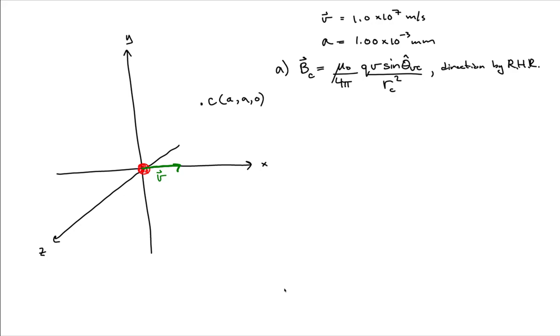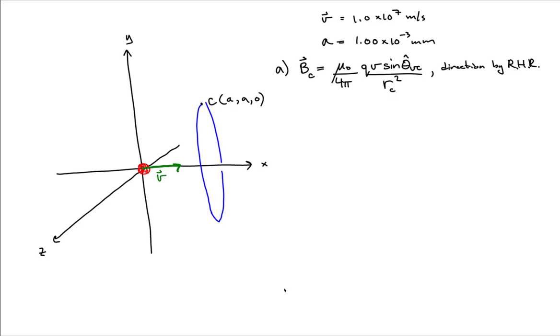You probably can guess already that the direction will be in the positive z-axis, because when we apply the right hand rule at point C, we would get a concentric circle that is centered about the positive x-axis.